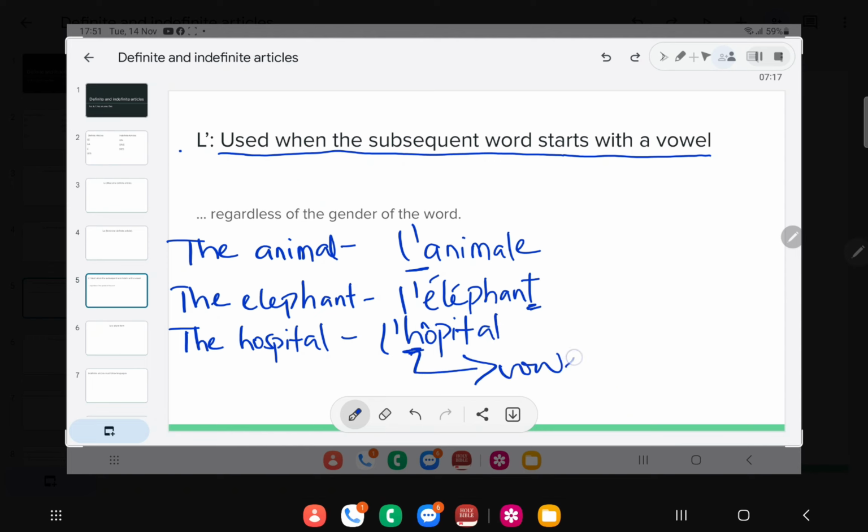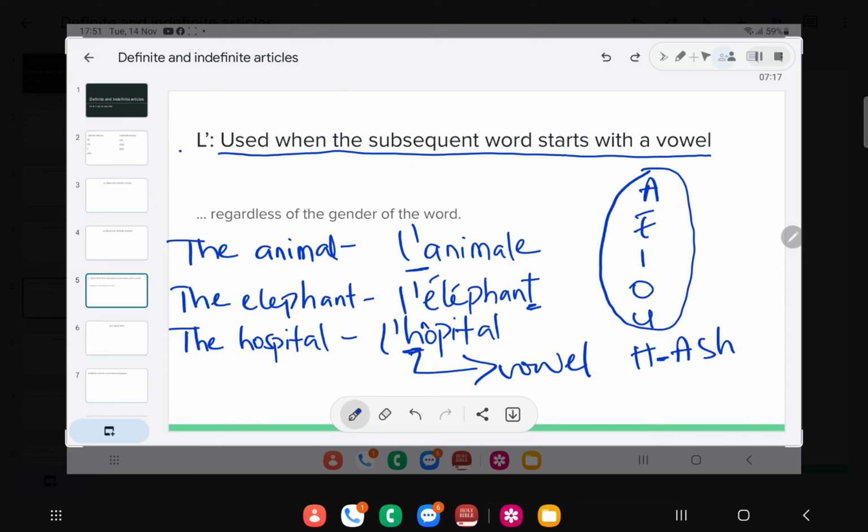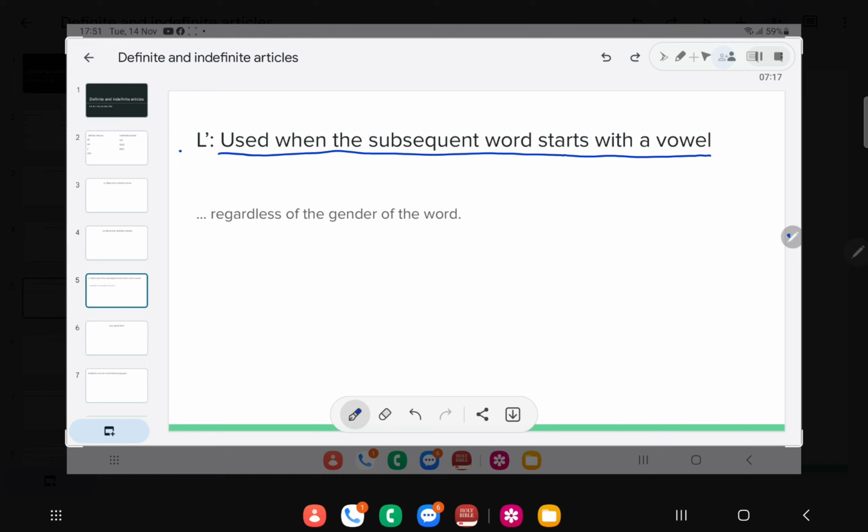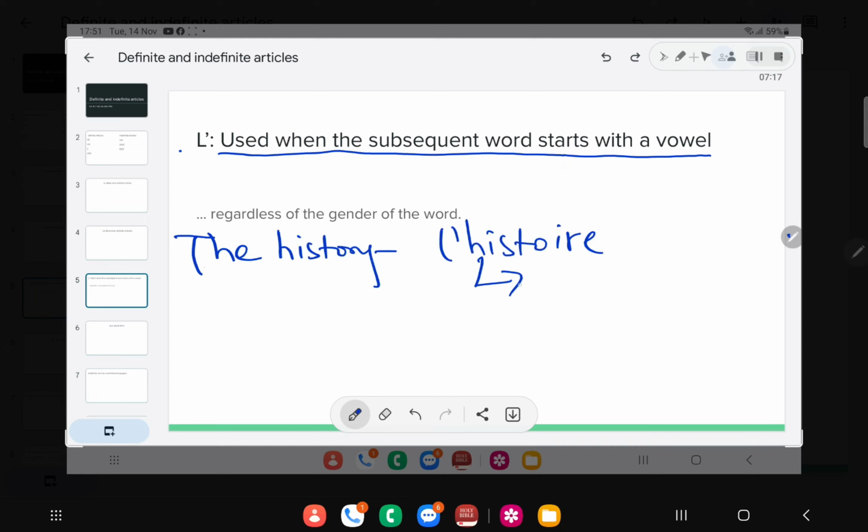L'hôpital. H in French is a vowel sound. Once a word starts with H, you use l'. So another example, if I want to say the story or the history, it would be l'histoire, vowel sound.